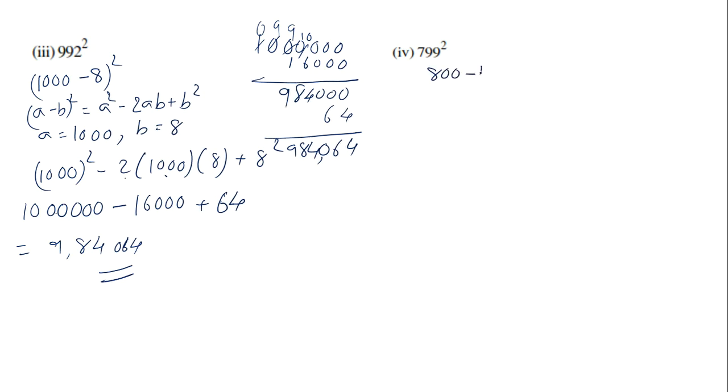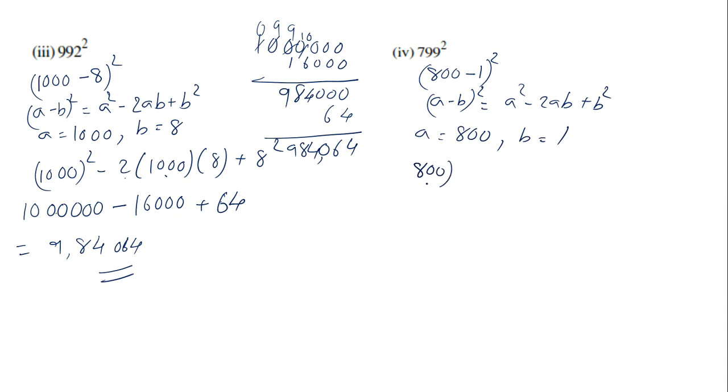Now 799 whole square. This can be written as 800 minus 1, isn't it, students? We have learnt already. This is in the form of a minus b whole square. That's why I asked you to learn the identities in your previous classes. Now a is equal to 800 and b is equal to 1.